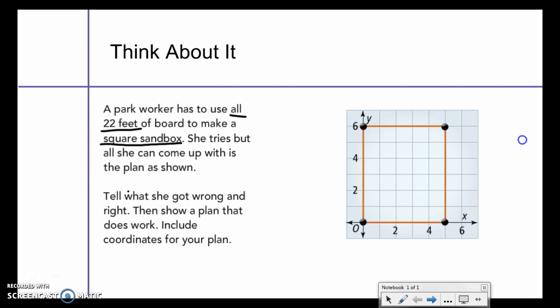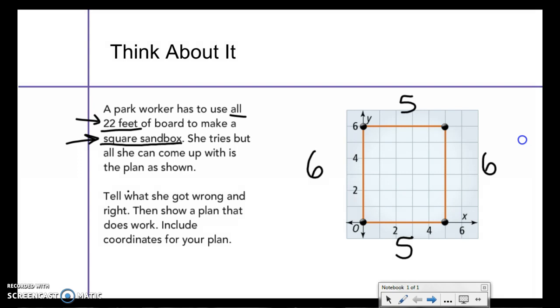So, we're going to work this one out together. As you can see, what she came up with is not a square. One of the sides is 6 feet long, but the top is only 5 feet, and the bottom is only 5 feet. We have to make this a square sandbox, and we have to use all 22 feet of board.